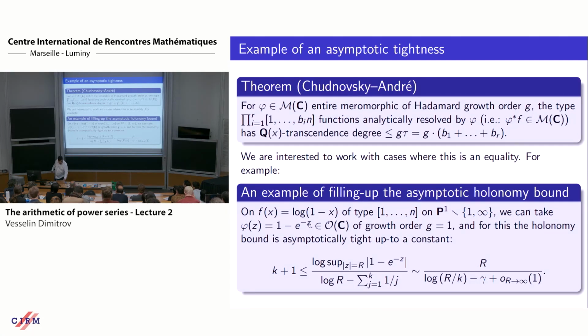If you start taking the powers of the logarithm, you started with the type 1n. The kth power has worse denominators, but the tau of the first k powers is these harmonic numbers. So that's of course approximately log k. And for the map phi, we can take the exponential map of growth order 1.